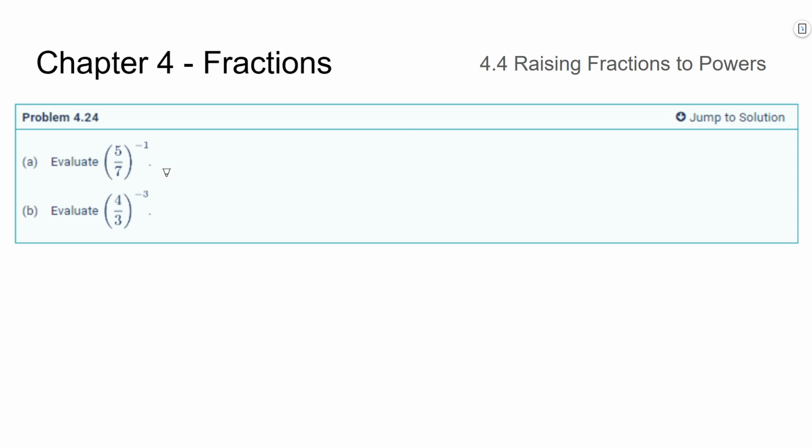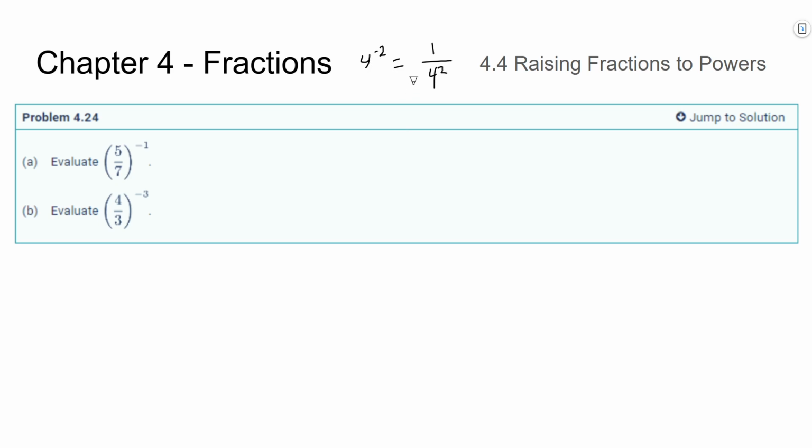All right, so now let's evaluate 5 over 7 to the negative 1. Well, if you remember negative exponents, let's say 4 to the negative 1 is the same thing as saying 4, actually no, let's do 4 to the negative 2, just to show. 4 to the negative 2 is the same thing as saying 1 over 4 squared.